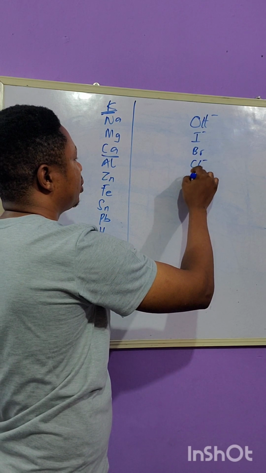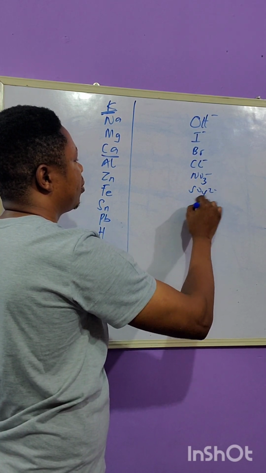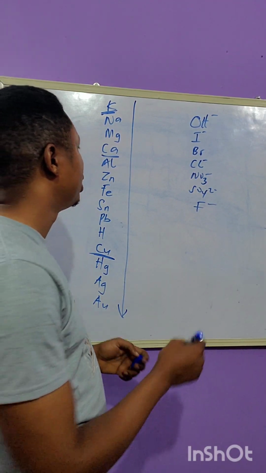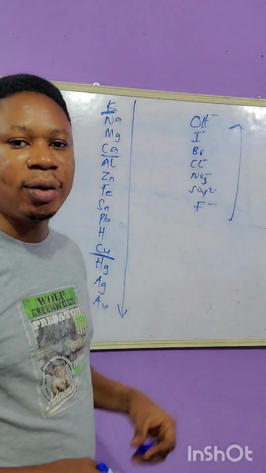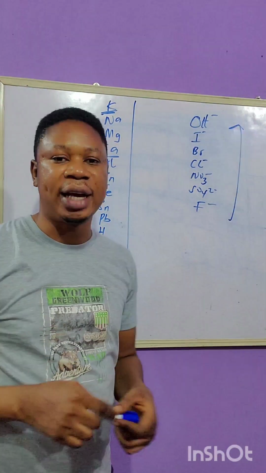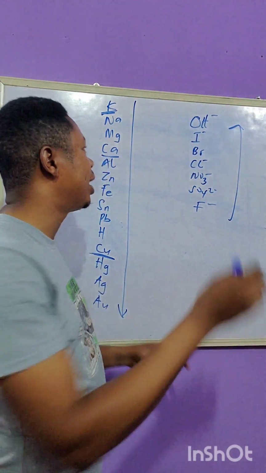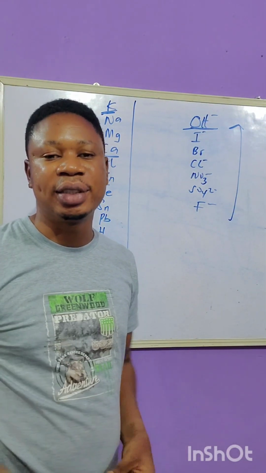Then we have nitrates, sulfates. Then we have fluoride. So in this case, the trend goes upward. So the ions that are up in the series are discharged in preference to those that are lower. So in this case, hydroxide is the one that will be discharged over all other ions in the series.